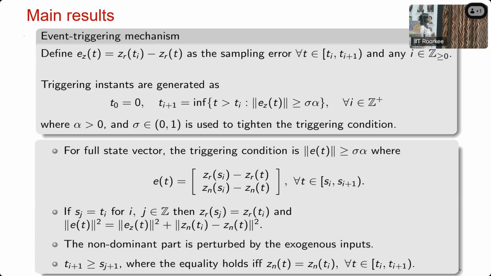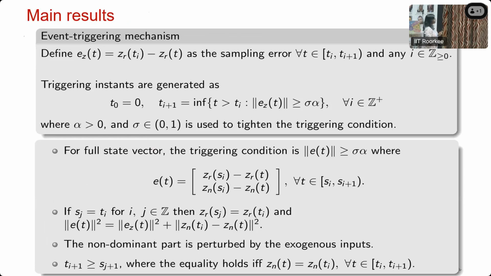From here you can note, suppose we are at a time where we have s_j and t_i. The t_i are the triggering instants generated using this triggering rule, the triggering rule using reduced order states, that is using Ez.